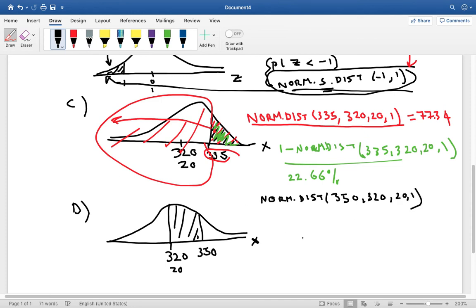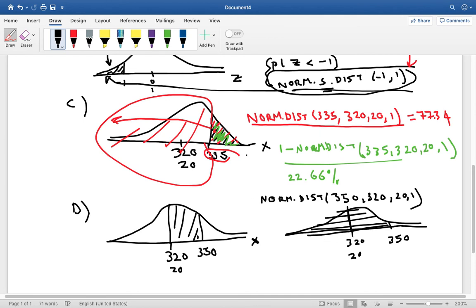This will in fact give you the area from 350, where the mean is 320 and the standard deviation is 20, all this area going all the way back, Excel works to the left. Now that area is too much, so we actually want to stop this at 320.